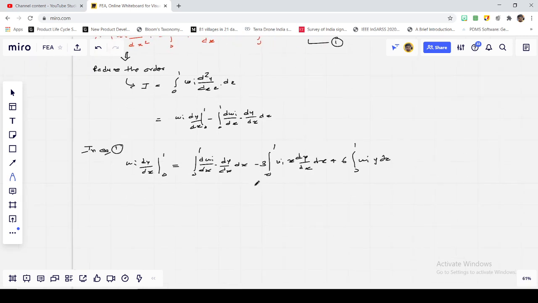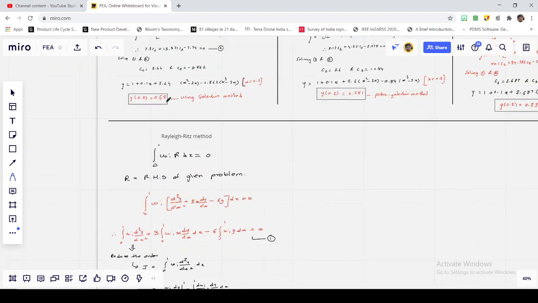So this first term is basically called the boundary term. And you can substitute dy by dx when it is 0 and when it is 1 if there are given values in your system. Let's see what values we have been given.